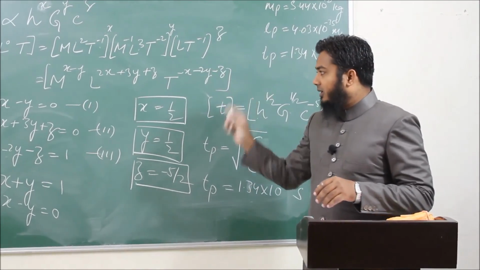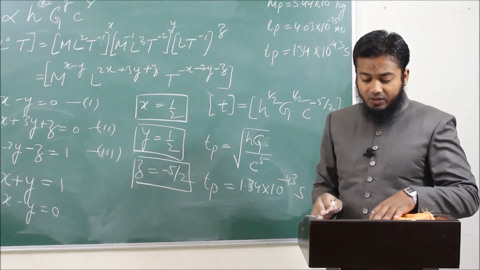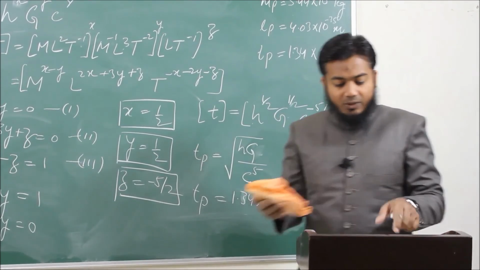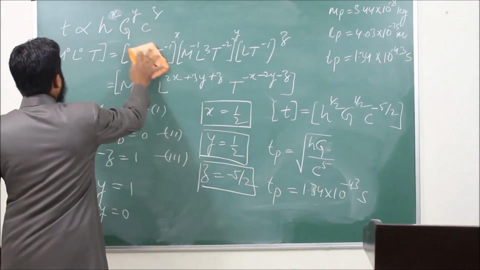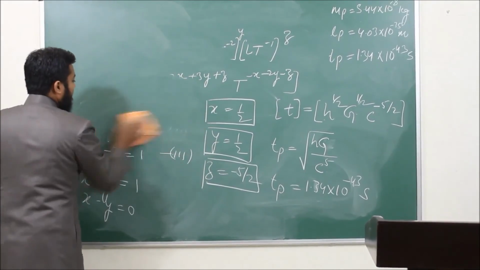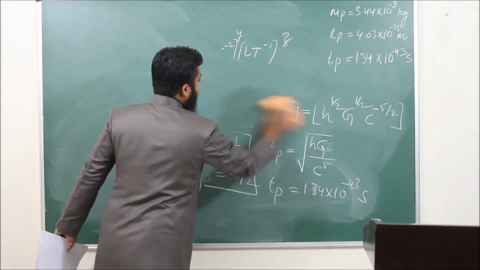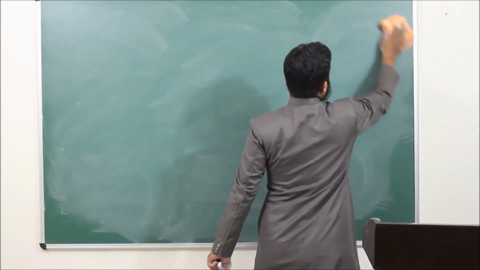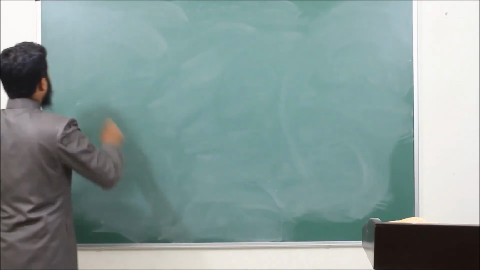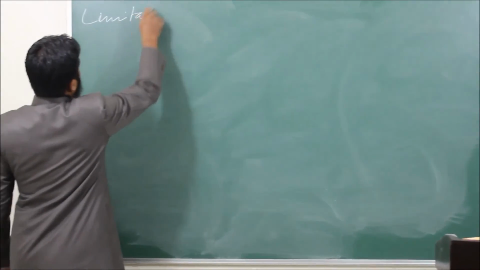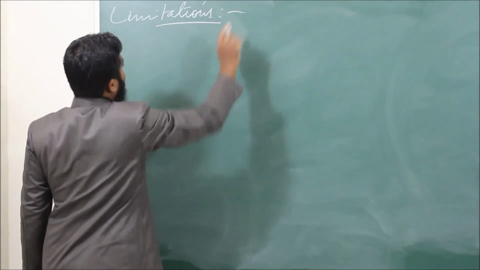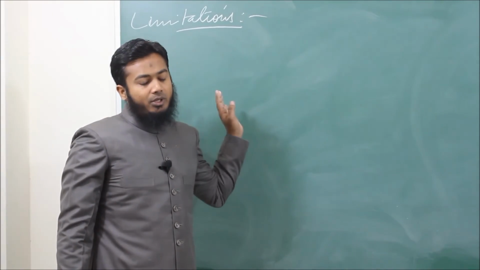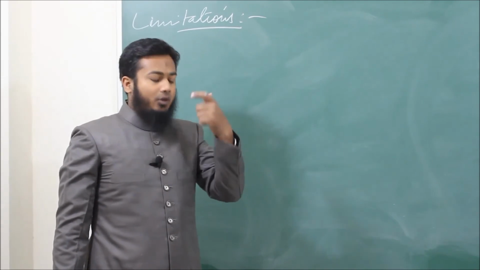Now along the way you have seen that this dimensional analysis has some limitations. So let's note down the limitations of dimensional analysis. And one of the limitations you have seen is that we are not able to find the value of the proportionality constant.